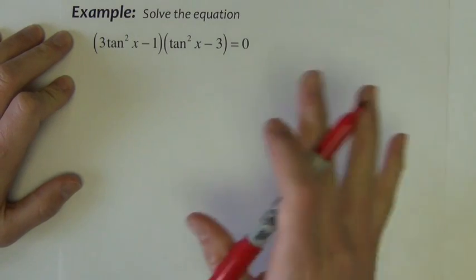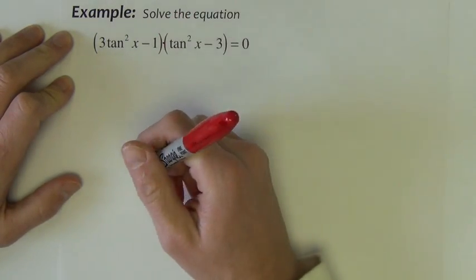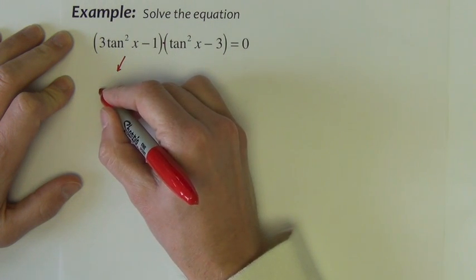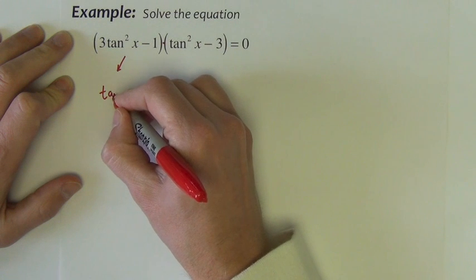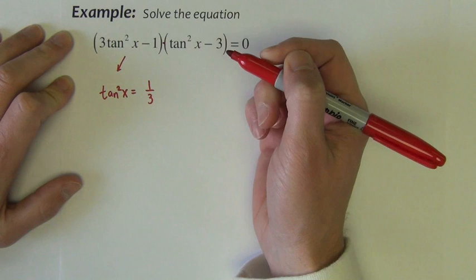Okay, this next one, solve the equation. So not 0 to 2 pi, we want all solutions. This equation, lucky for us, is already in a factored form, so we can just set the factors equal to 0. This one would be, I'm going to do a couple of steps as I do it, tan squared x equals 1/3.